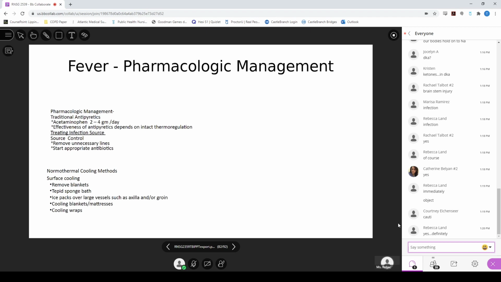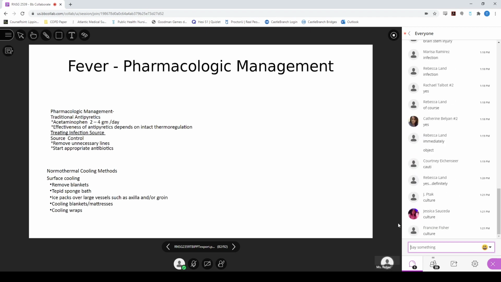You start appropriate antibiotics. And what do you have to do before you start antibiotics? That's right, culture and sensitivity. And why is that so important? After the first dose of that antibiotic, you're not going to get a true culture.